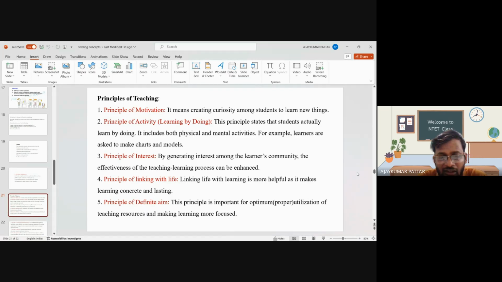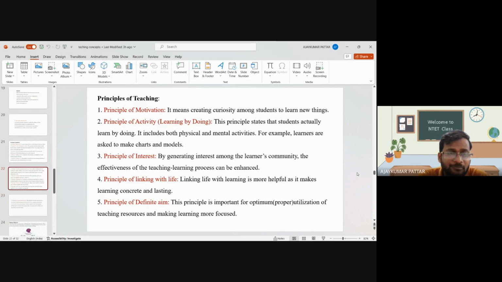That concept should be understood by the students. Students को पता होना चाहिए. हमारे पास हार्ट का आर्गन नहीं है हमारे डिपार्टमेंट में, लेकिन हार्ट का एक मॉडल है. So you can use that model and we will teach the students. Ultimately, the student should know about the anatomy of the heart. That is the utilization of whatever resources are available effectively, and we come to the definite aim, what we focused on, what we want to teach the students. That is the principle of definite aim.